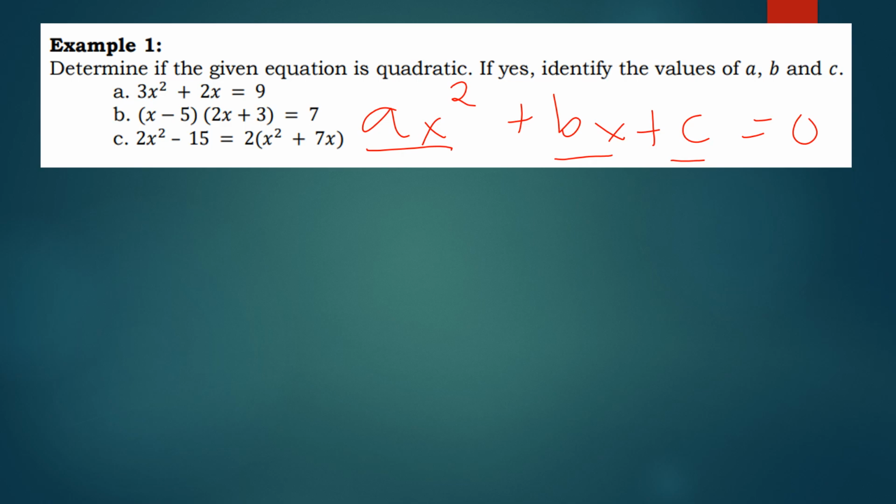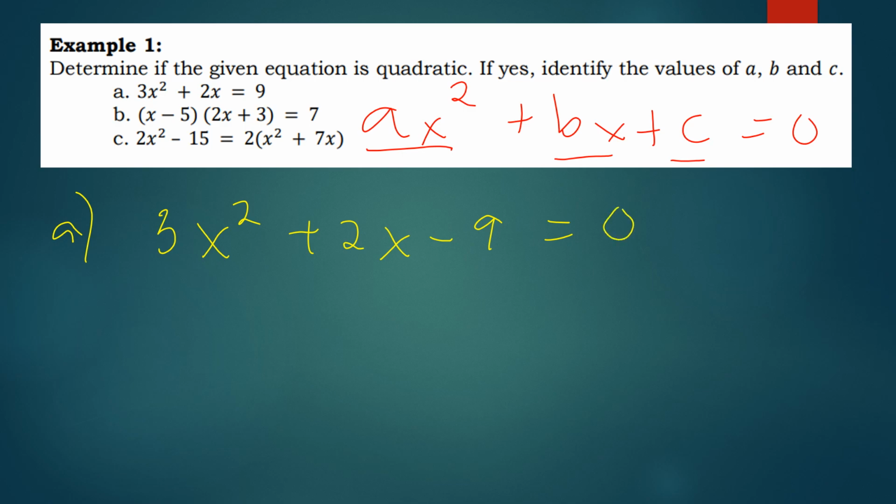So for letter A, we need to transform it into the same format. So we have 3x squared plus 2x. We can transpose 9 to the other side. It changes its sign. It becomes negative 9. And then here we are left with 0.